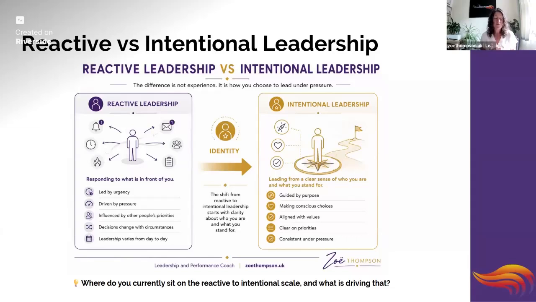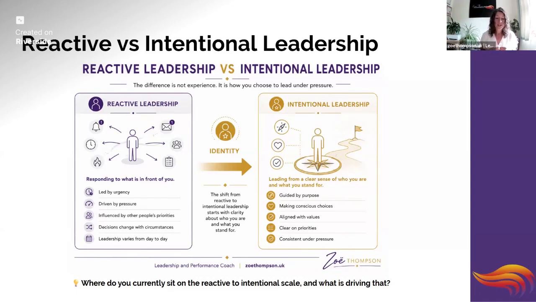Reactive leadership. It's responding to what is in front of you. It's what a lot of people call firefighting. You're responding to what is in front of you. You are being led by urgency. And the reality is it is not always your urgency. Sometimes it is other people's urgent tasks, urgent activities that are landing in front of you. And reactive leadership means you pick it up and you deal with it.